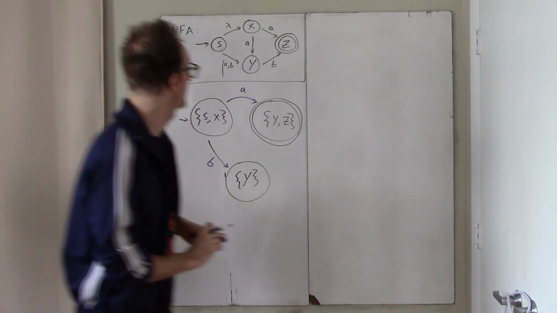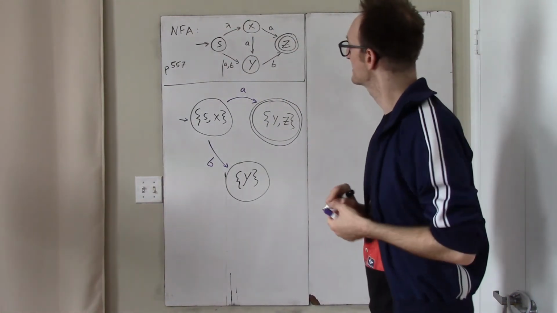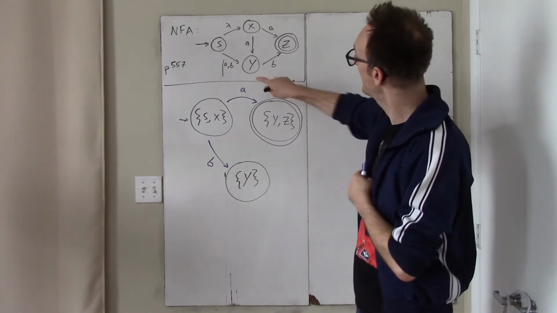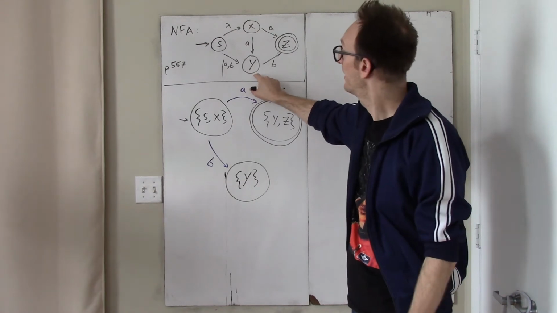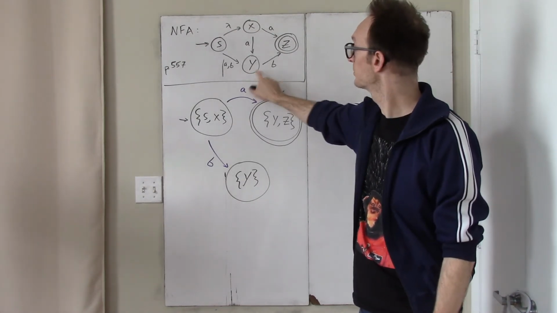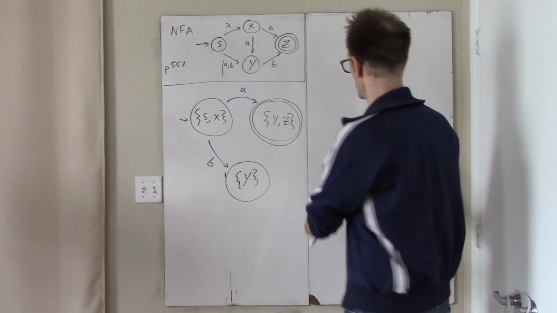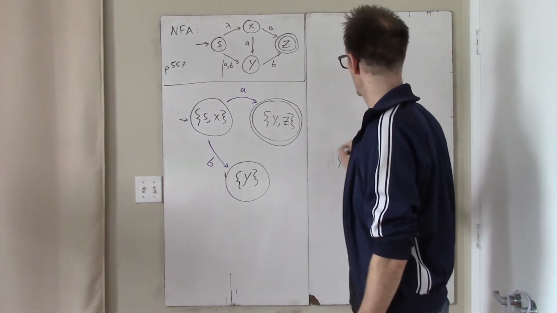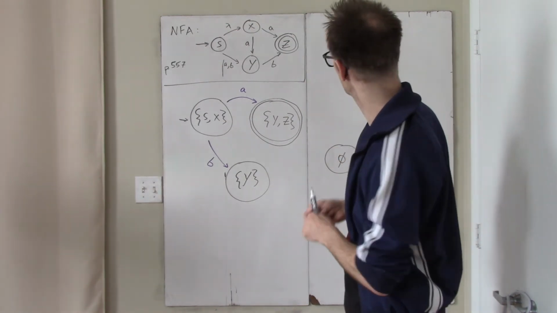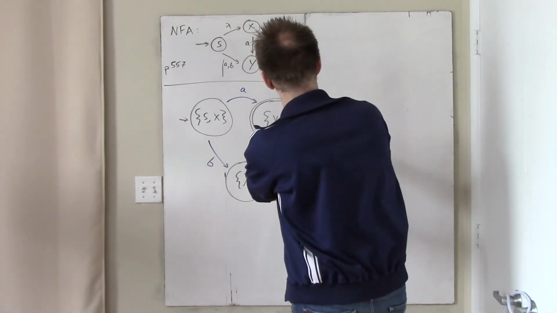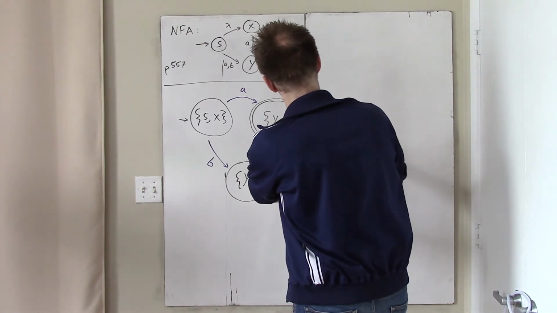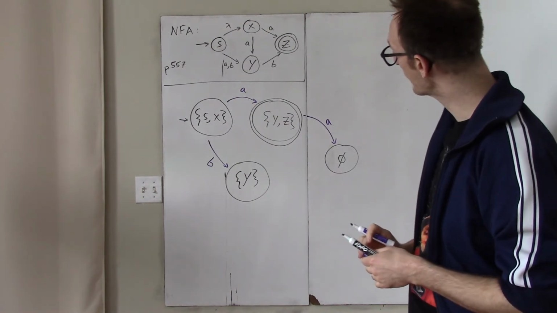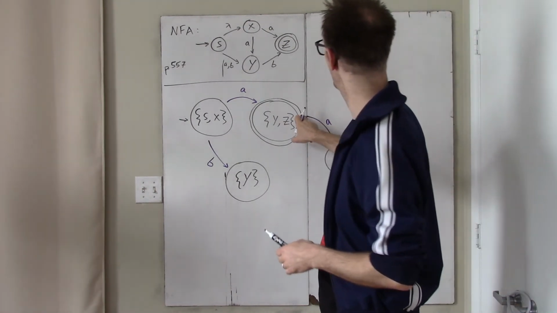Okay, we continue. What if I am in Y and Z and I read an A? Well, from Y I die upon reading an A, because there's no rule for what to do, and Z as well. There are no rules at all coming out of Z. So I do need the empty set state. And there it is, and that is what should happen when I read an A coming out of the YZ state.